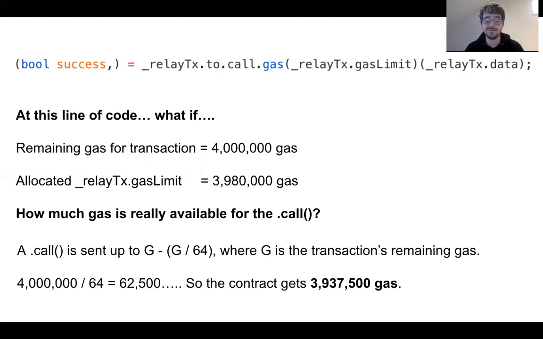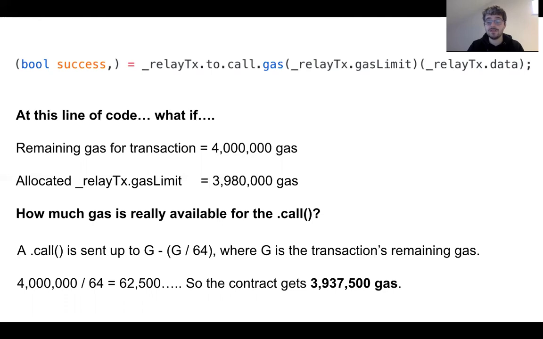Because dot call has a really, really funky feature. When you do the dot call, it's always going to guarantee that at least 1/64th of the remaining gas is kept with the caller. So you can call out, you do your execution, you come back, and there's always some available gas remaining for the caller to finish the execution.